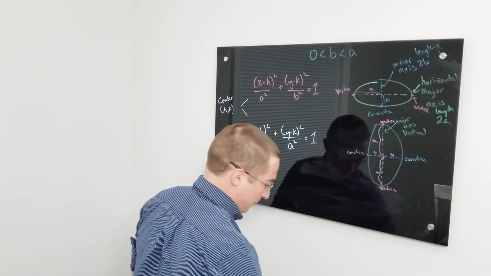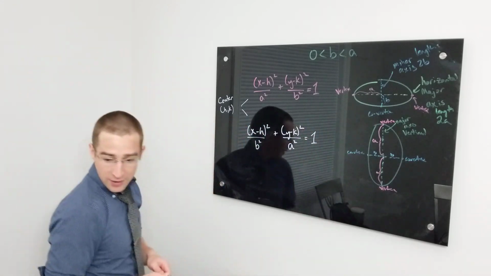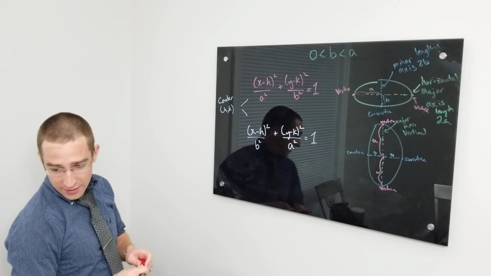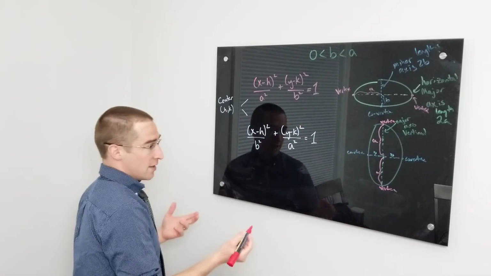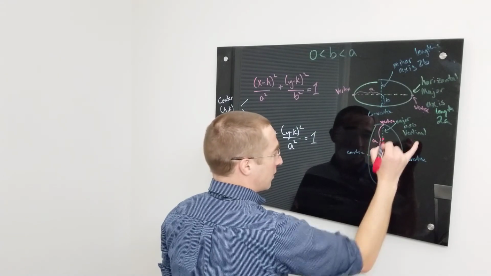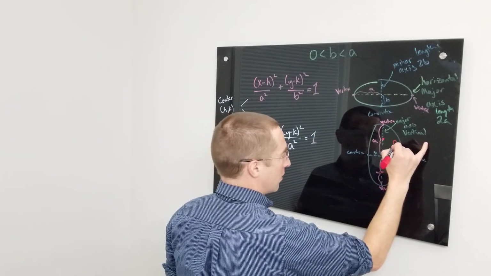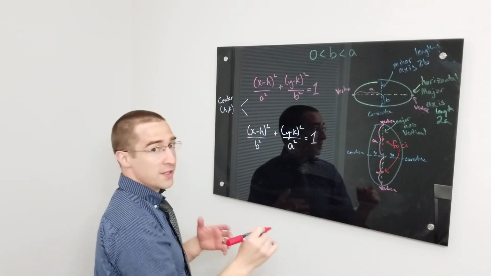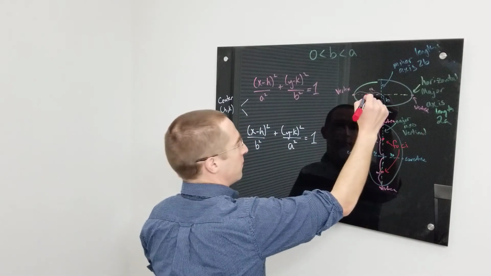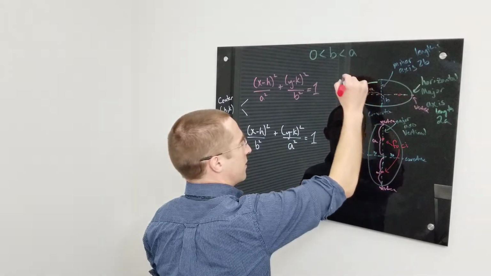Let's see if I can use one of these pens to make it work. Let's try red. So once again, oh, sorry, the foci. The foci are the focuses. Foci is plural for focus, for more than one focus.